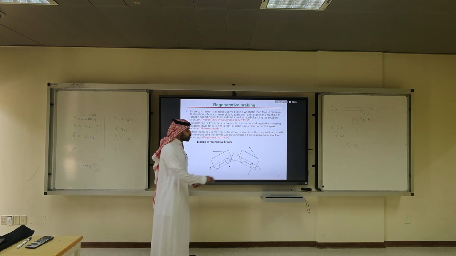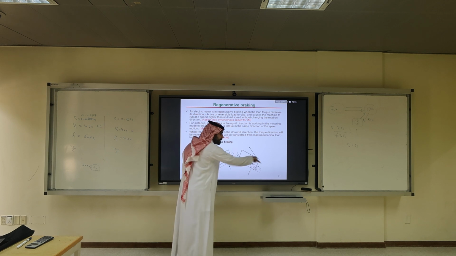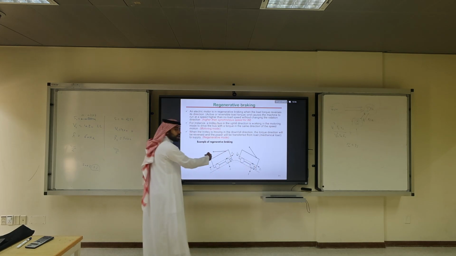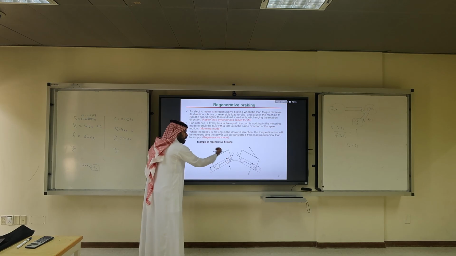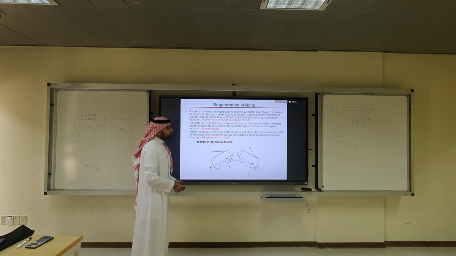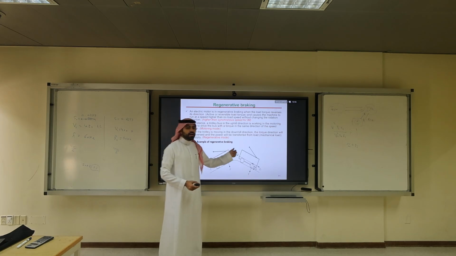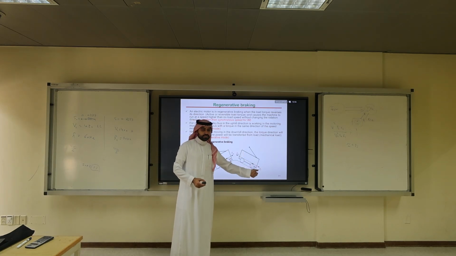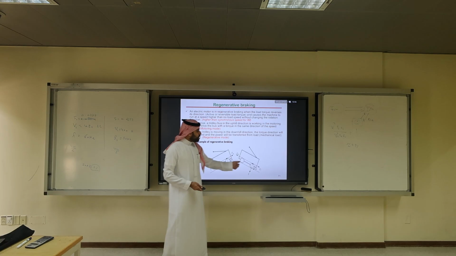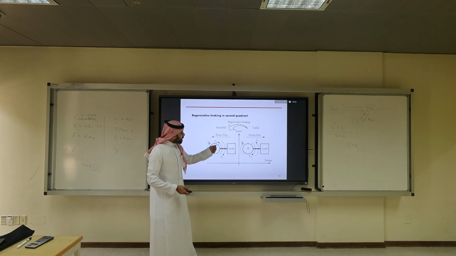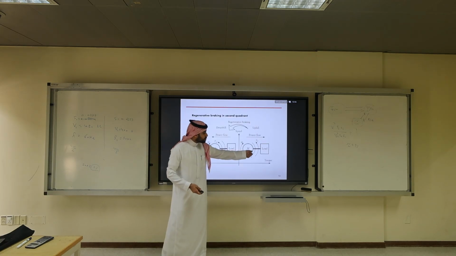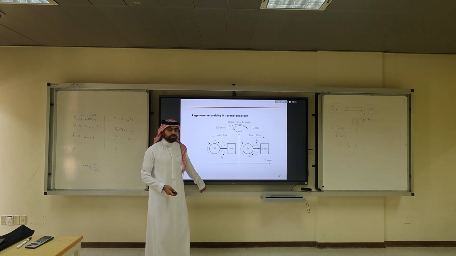Here the torque is gravity from here, right? So the torque is clockwise. Here gravity is from here, so the torque is what? Counterclockwise. Your machine has to accelerate here and decelerate here or brake here. Right? Look at this figure. We're applying opposite torque from the machine.